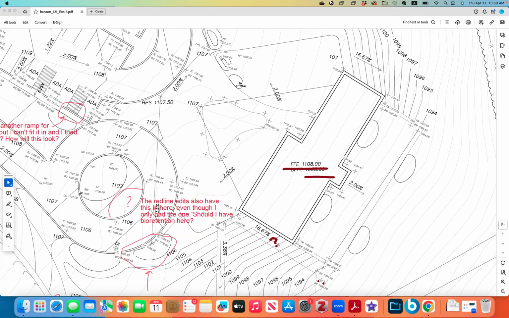And the bottom of the ramp should be, if you are doing a 2% slope, the spots along this line that is parallel to the building would be the same elevation, right? So you would calculate based on this distance what your bottom of ramp would be in this location. So if this is 1098, that might be close to 1097 here. So we're getting down to 1097 somewhere here.